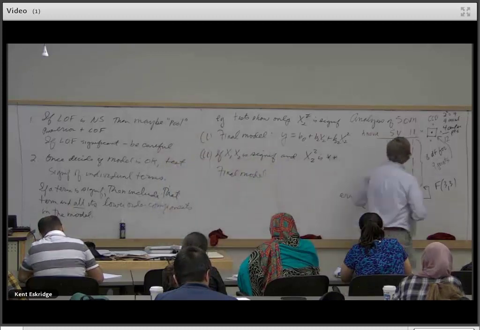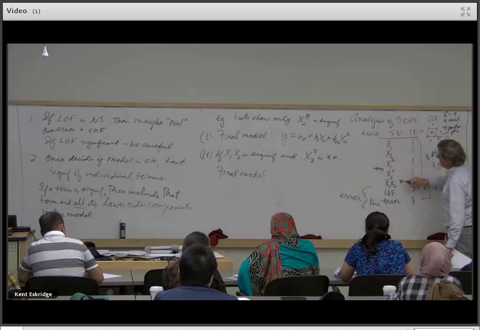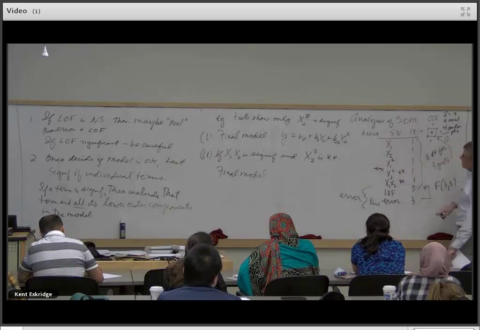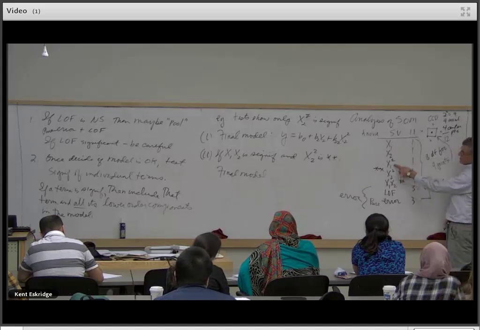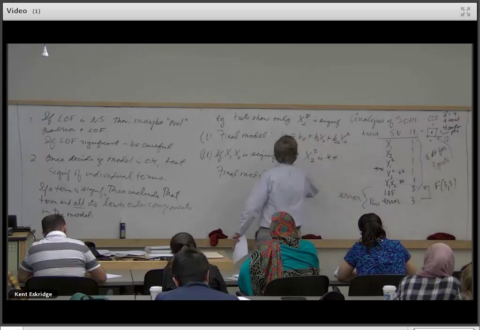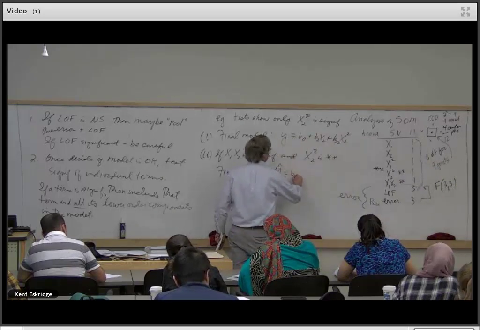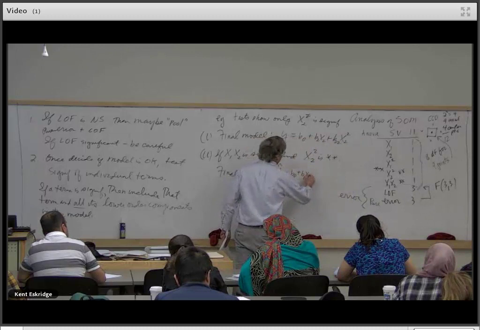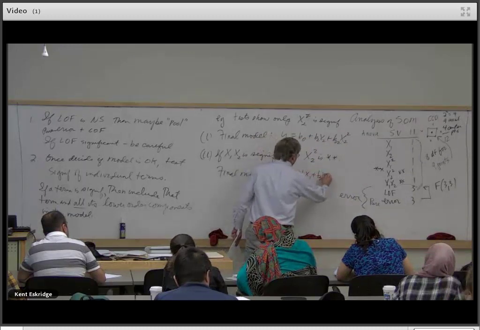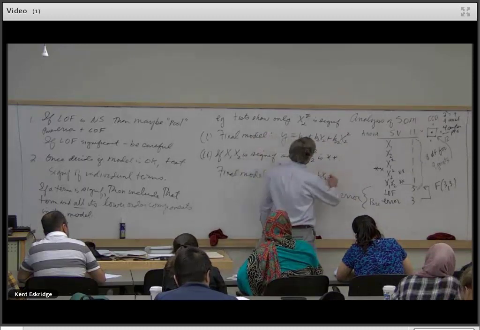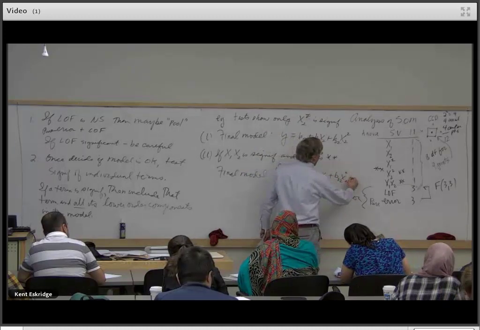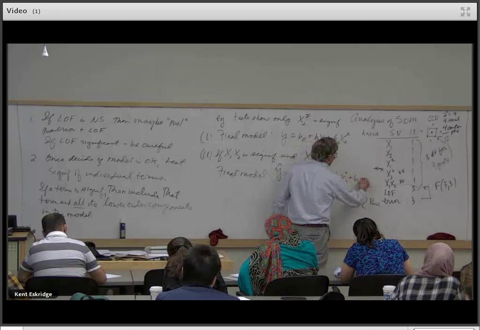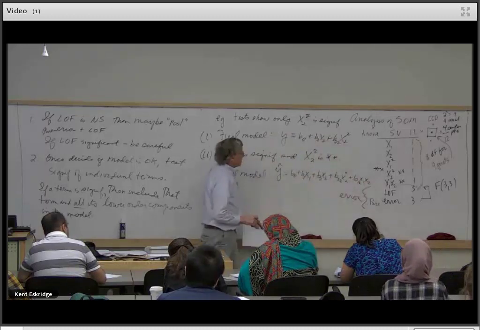So this one is significant, and this one is significant, right? All terms except x1 squared, right? Okay, so y hat equals b0 plus b1 x1 plus b2 x2 plus, now no quadratic on x1, so b22 x2 squared plus b12 x1 x2, right?